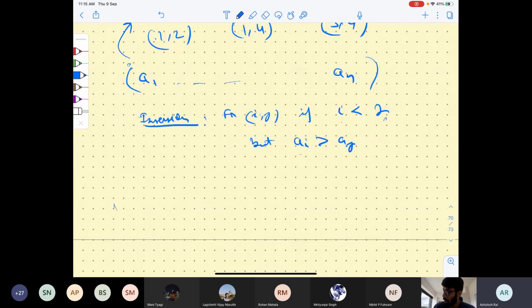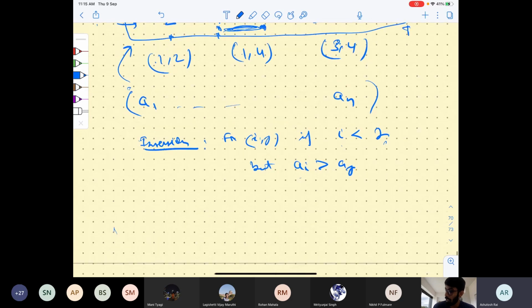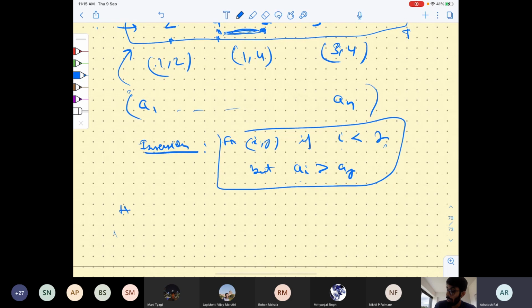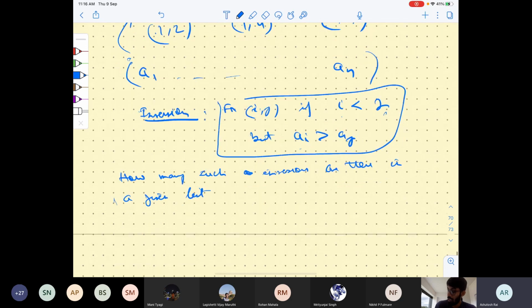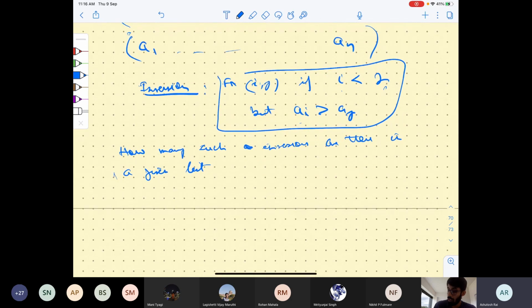Good. So we have this quantity now, and we want to find how many such inversions there are in a given list. Let's first figure out the minimum number of inversions that can be there.